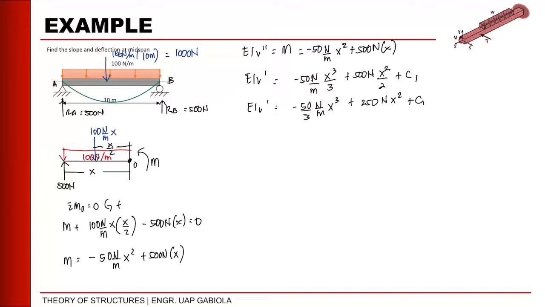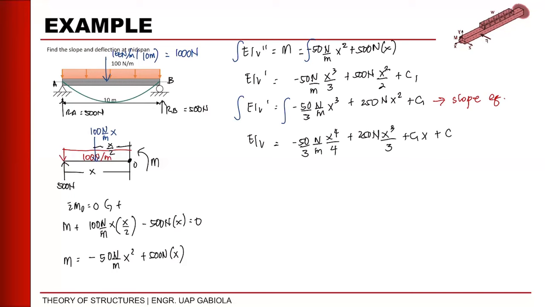Then we integrate again. I just put the integration sign so we don't get confused. So we integrate again. This will be EI v. So this is our slope equation, the first derivative, or first integration. Then the deflection will be negative 50 over 3 Newton per meter x to the 4th over 4 plus 250 newtons x cubed over 3 plus C1 x plus C2.